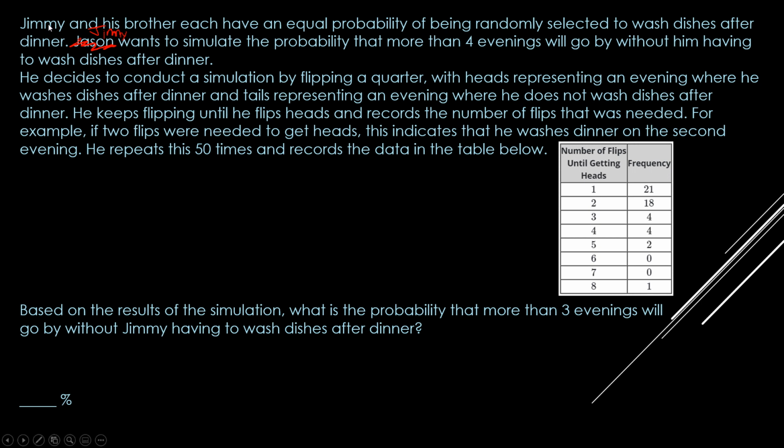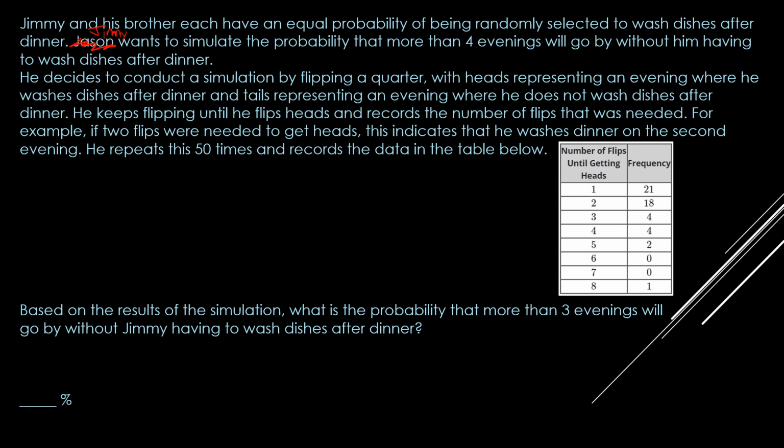Jimmy wants to simulate the probability that more than 4 evenings will go by without him having to wash dishes after dinner. He decides to conduct the simulation by flipping a quarter, with heads representing an evening where he washes dishes after dinner and tails representing an evening where he does not wash dishes after dinner. He keeps flipping until he flips heads and records the number of flips that was needed.